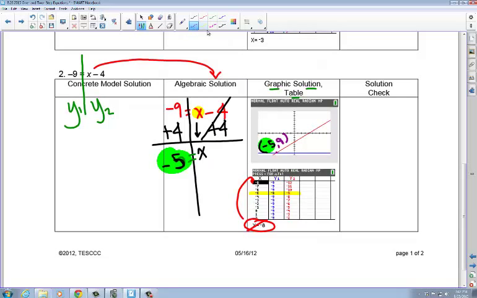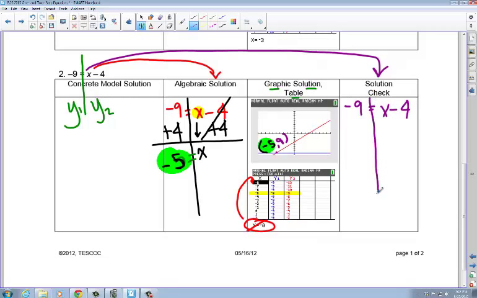Now we're going to check our solution, and we're going to take the original problem and copy it into solution check. So I'm going to write -9 equals x minus 4, and I'm going to draw my line down the equal sign. I'm going to take my highlighter, same color that I've used. X is equal to -5.